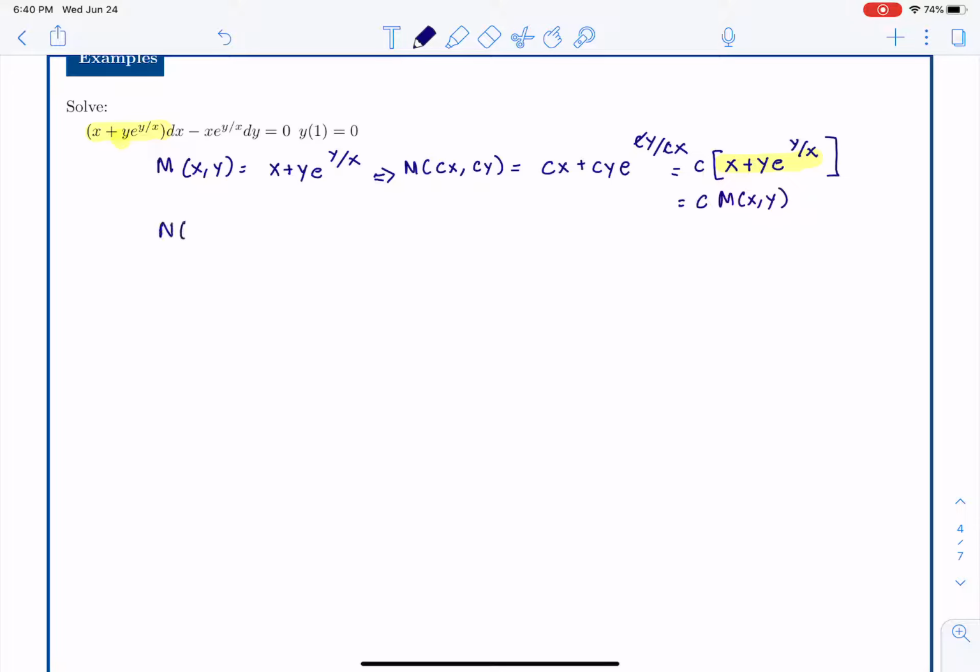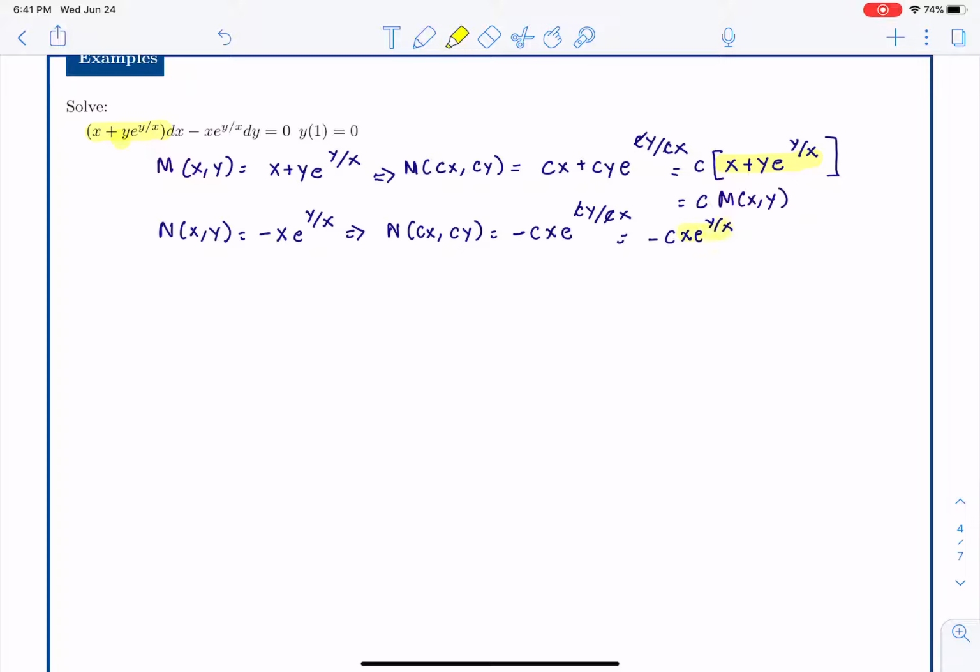Likewise, N of x comma y is negative x e raised y over x. I'm going to replace x by cx and y by cy. I have negative cx e raised cy over cx. The c's get cancelled. I have negative cx e raised y over x.